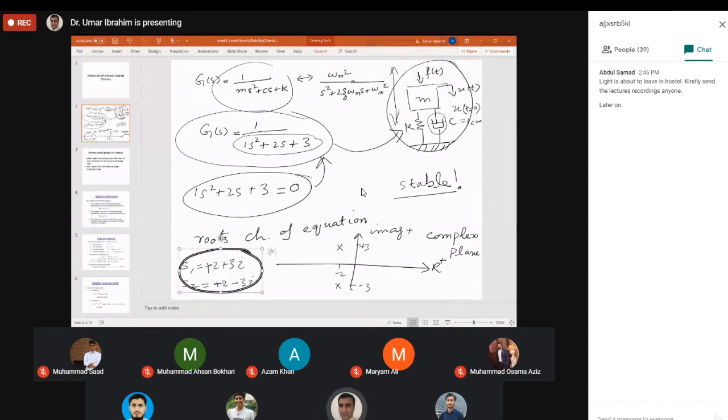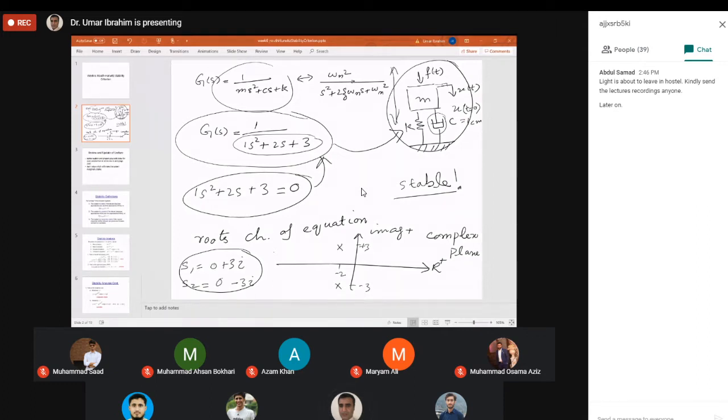If there is a negative sign, then the system is stable. If the system only has two roots and it doesn't have a real part, or the real part is equal to 0, then the system is marginally stable.